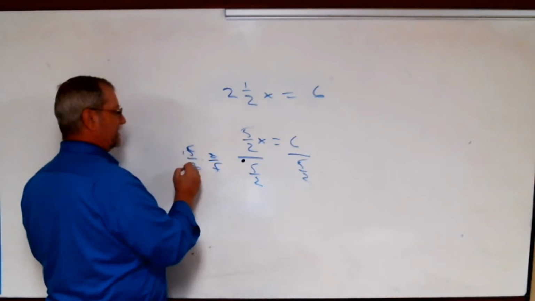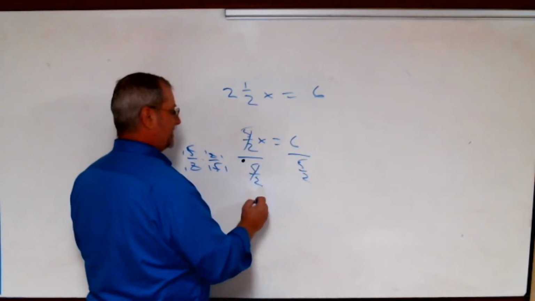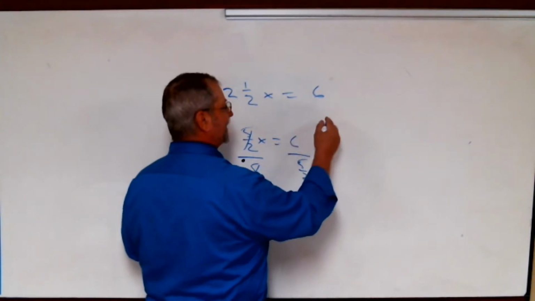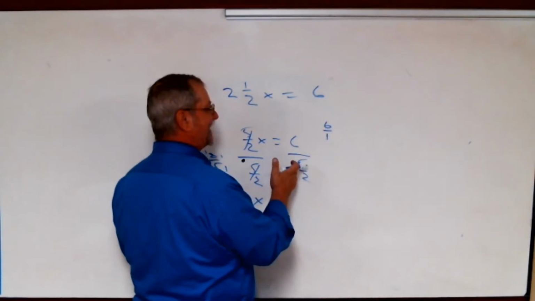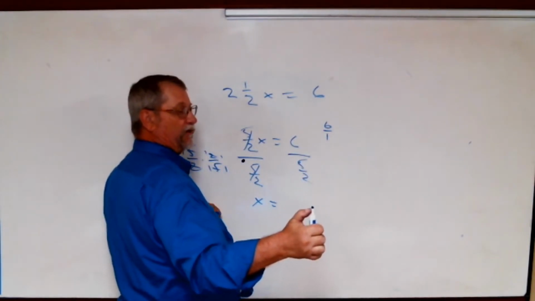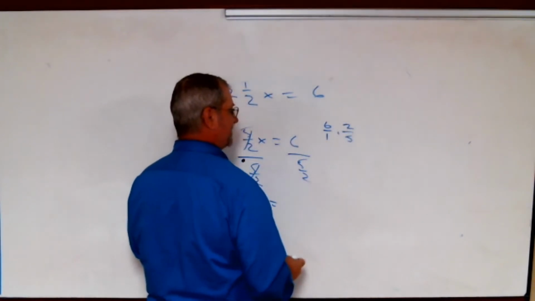These all cross cancel. They're all ones, not nothings. We have x equals. Over here, we have 6 over 1 divided by 5 over 2. So I'm going to invert and multiply by 2 over 5, like this.